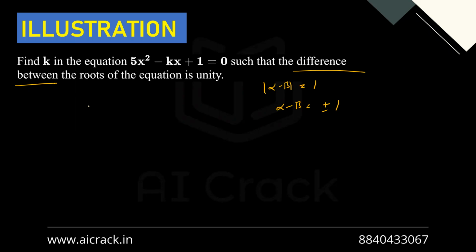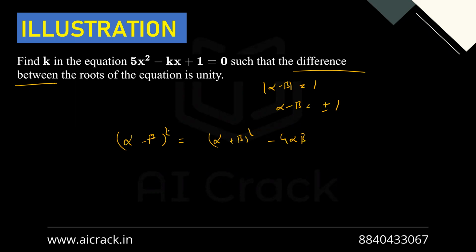Now we have to utilize this equation. We know that alpha minus beta whole square equals alpha plus beta whole square minus 4 alpha beta. If you just open it up, then you will get the same thing. So over here, we are going to use alpha minus beta equals plus minus 1.